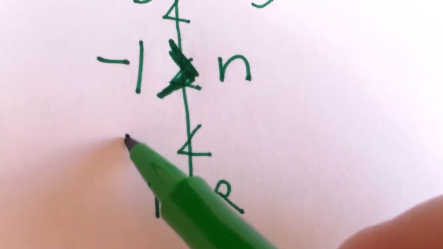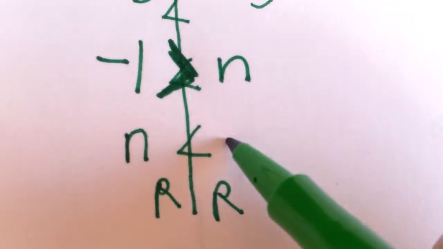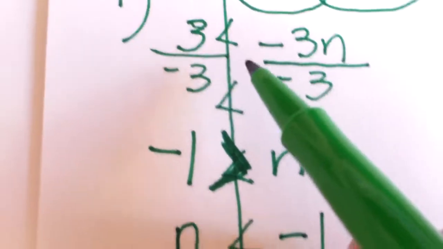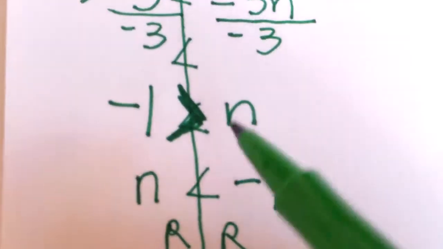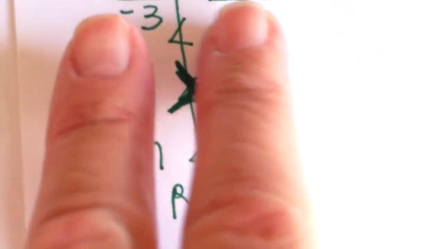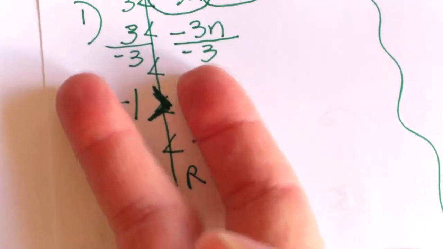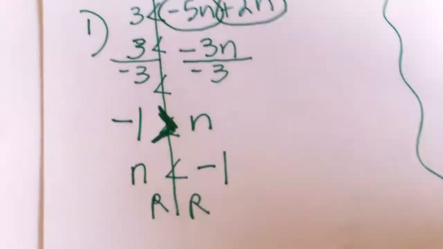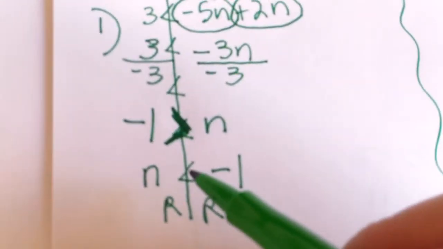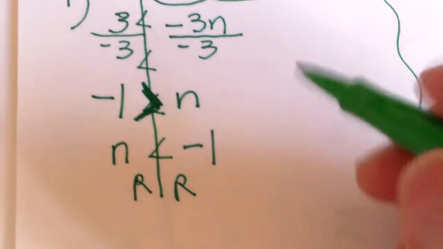So I'm going to put the n here and the negative 1 over here, and even though we flipped it up here because of the random rule, we're going to flip it back again, because when I flip over an inequality, I also have to flip the symbol. So now we're back to less than, n is less than negative 1.